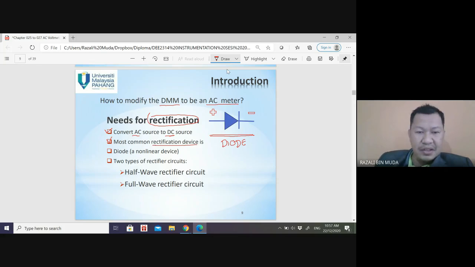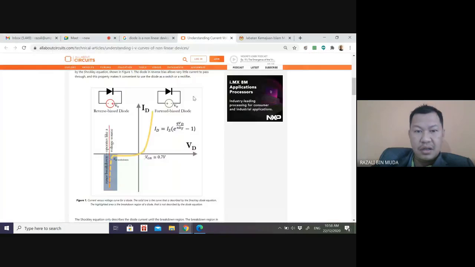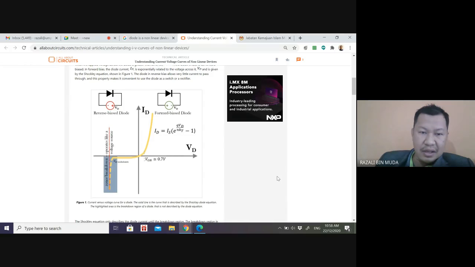Okay. Diode is a non-linear device. What is the meaning of this? Okay, let me show something. This is diode, right? So diode has what is called an IV curve. I against V, current against voltage.